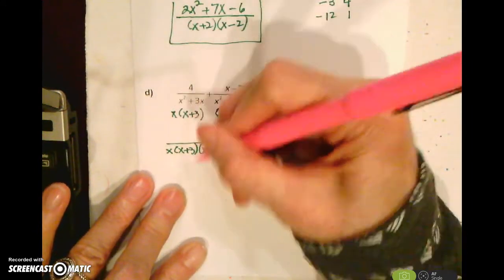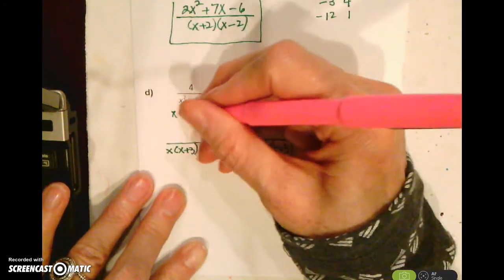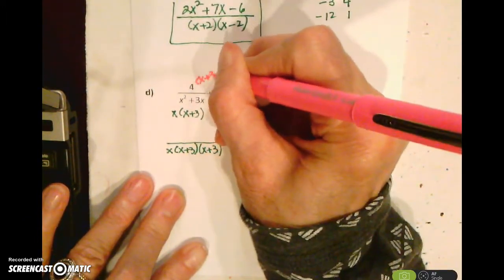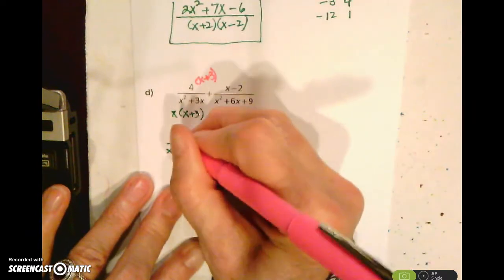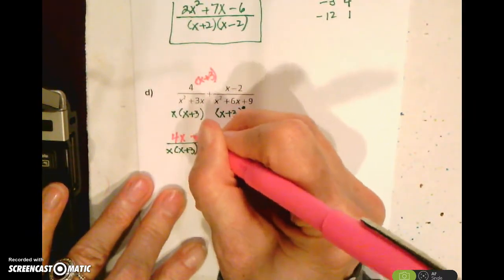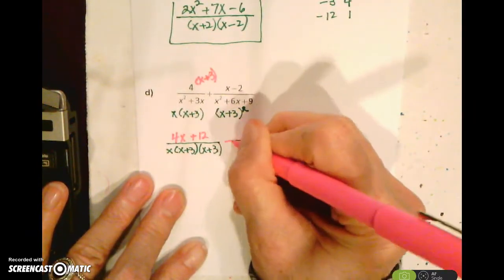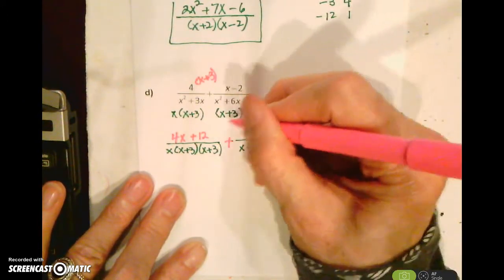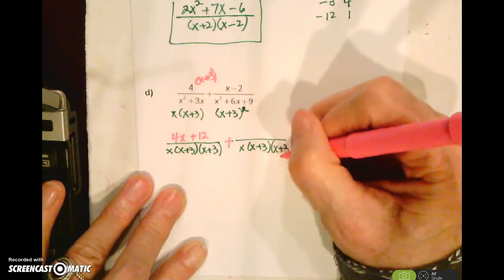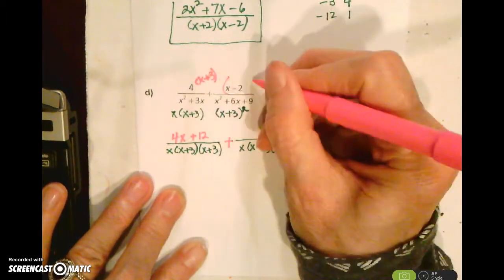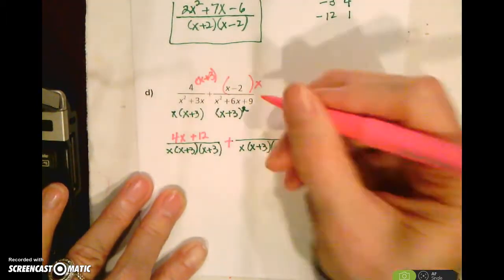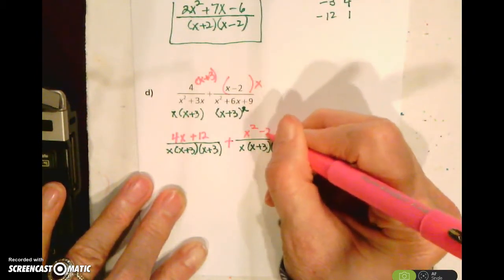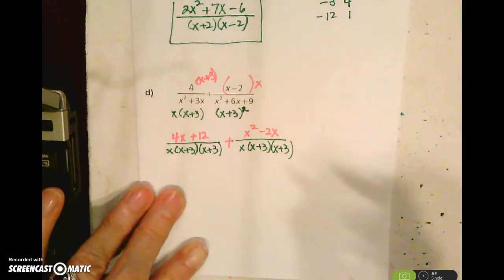All right, so then changing our numerators, here I'm missing one of the x plus 3s, so I will multiply that here, distribute, and get 4x plus 12, and there's a plus here. Then for this one, it's got both of the x plus 3s. What I'm missing then is the x, and so I will multiply by the x and get x squared minus 2x.